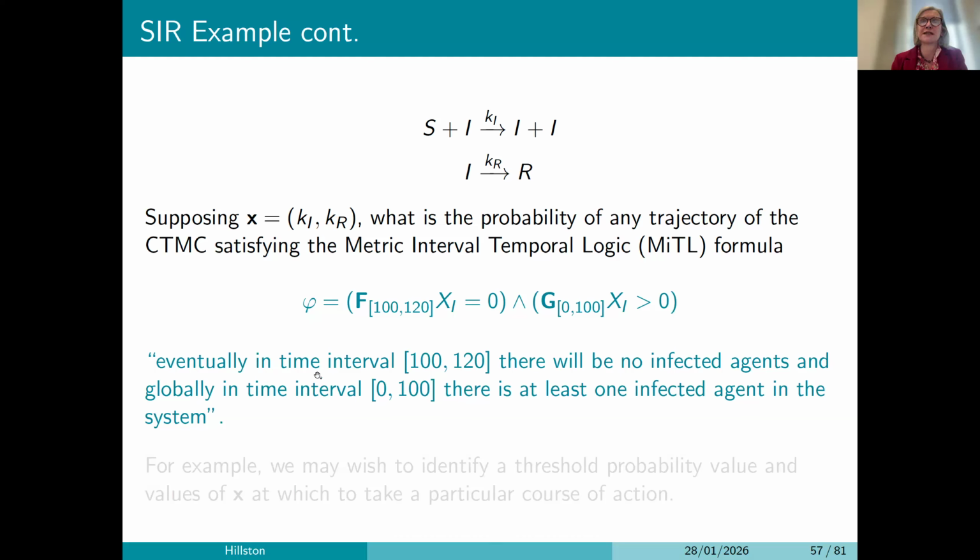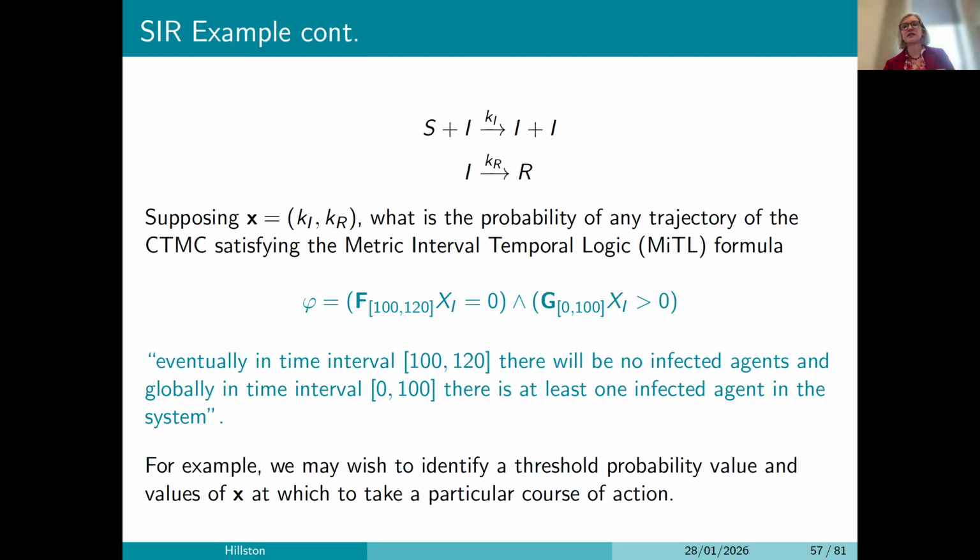In words, it's saying that eventually, in the period from time 100 to 120, there will be no infected agents, and globally, at all points in time between 0 and 100, there is at least one infected agent. So the infection isn't dying out until after time 100, but after time 100 and before time 120, the infection will have died out.